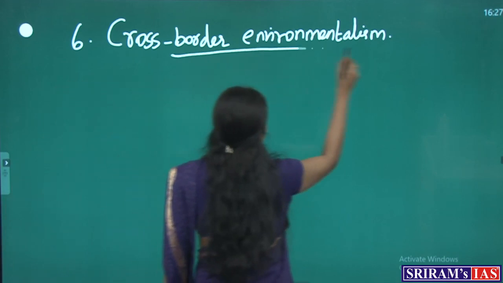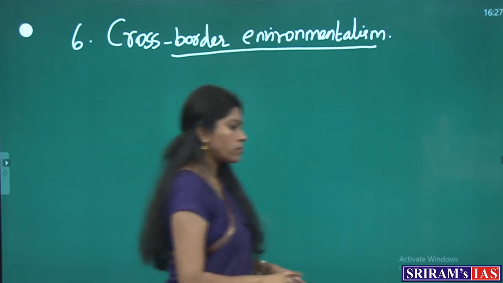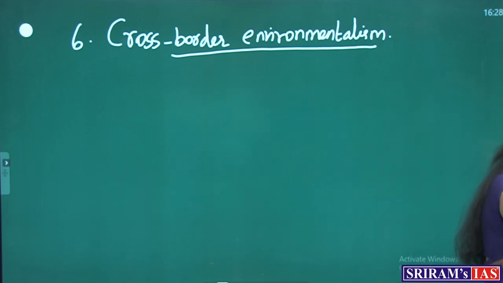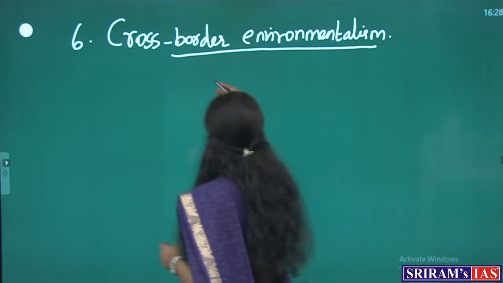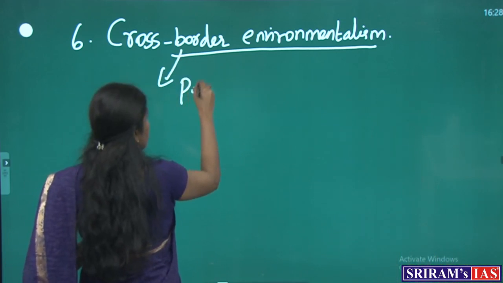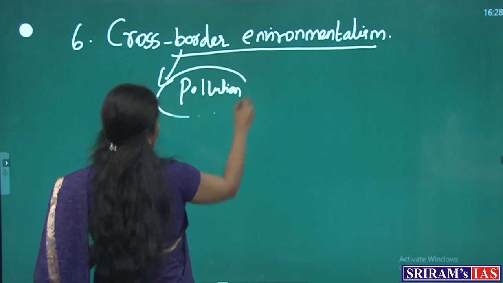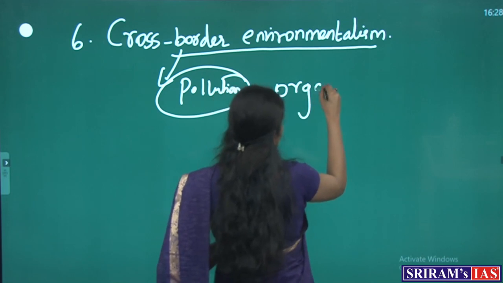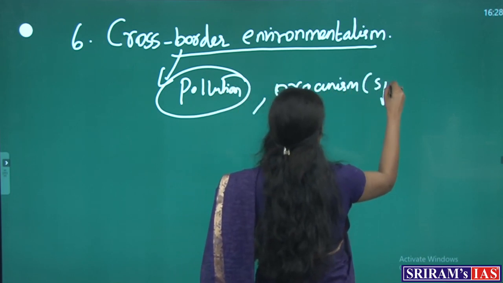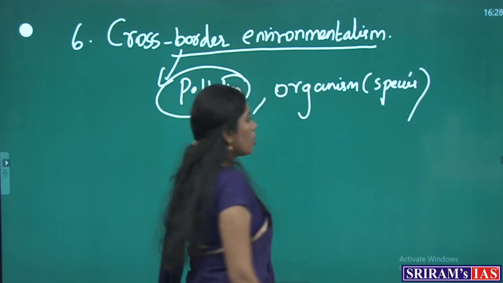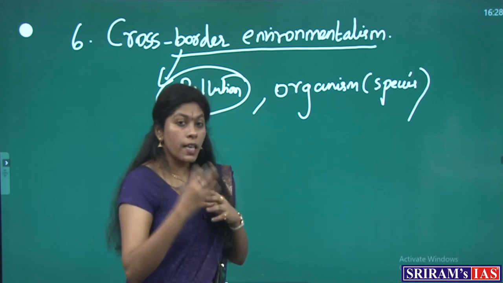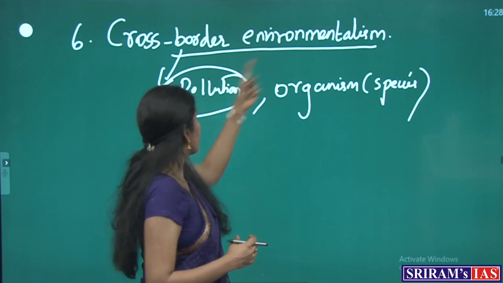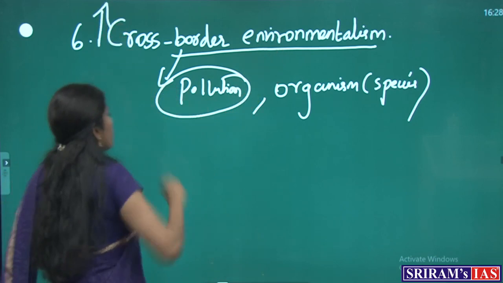You would have heard this word somewhere, where more countries which are facing a similar problem related to an organism or related to some issues, some pollution problems or something, they join together, okay, protecting any species, any organism. Let us take any species they want to protect, or they want to stop, inhibit the pollution problem, they are joining together, they are bringing out certain programs, certain schemes. Okay, this is something called cross border environmentalism. This will increase cross border environmentalism.